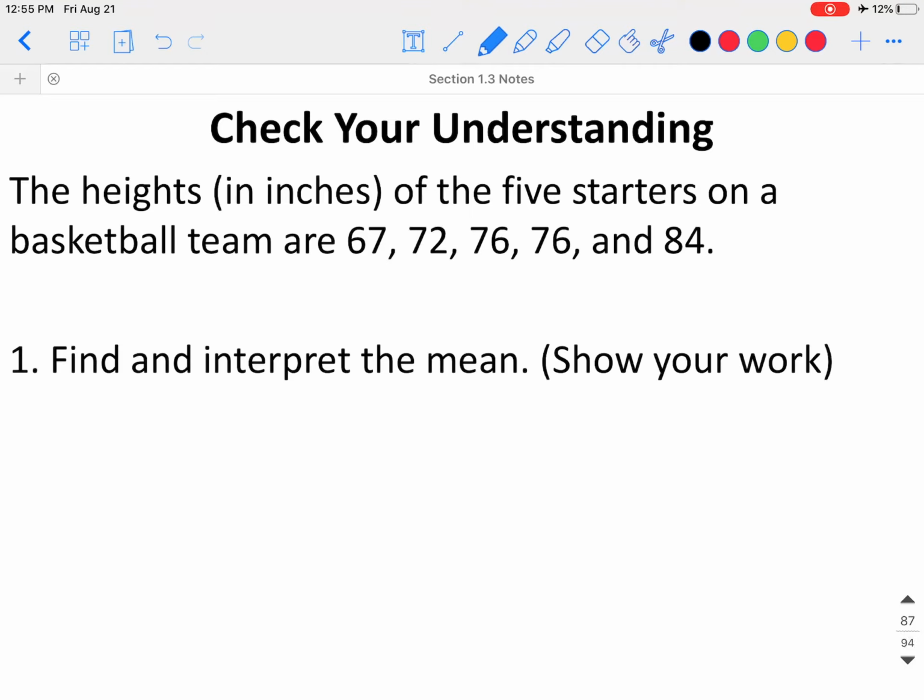So let's check our understanding. The heights in inches of 5 starters of the basketball team are given. Find and interpret the mean, and you must show your work. So to find the mean, remember you are going to add all the data values together, and then you will divide by the total number of observations.